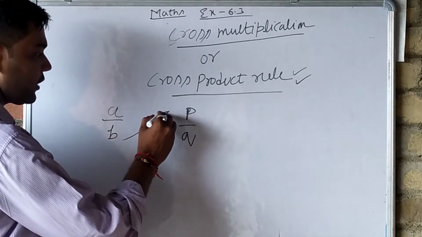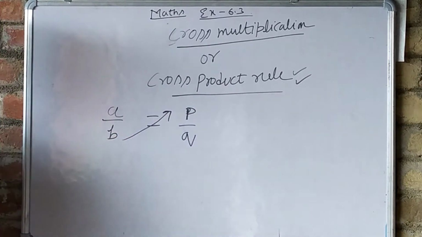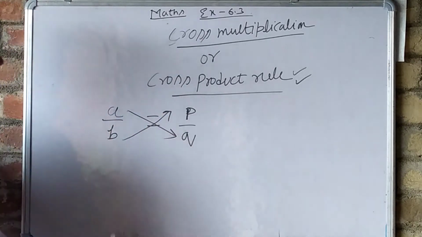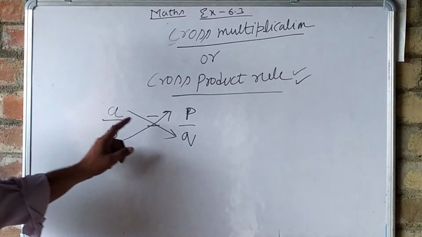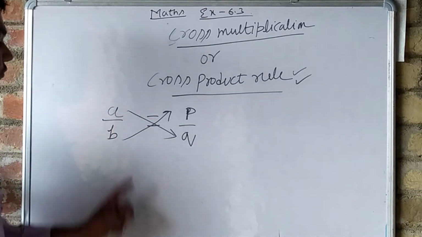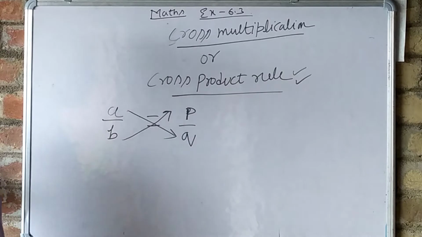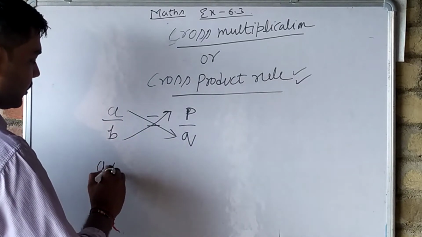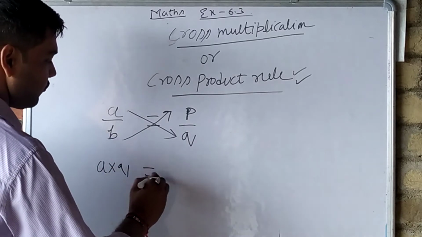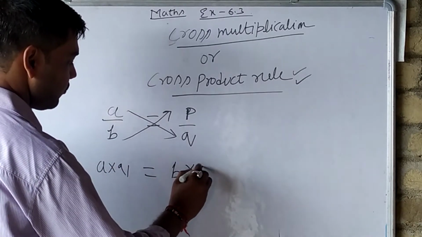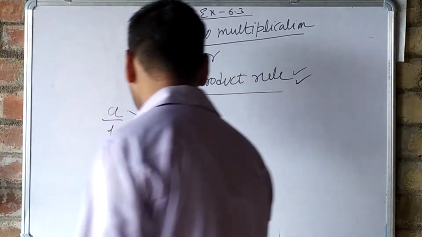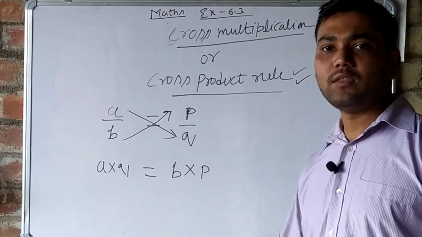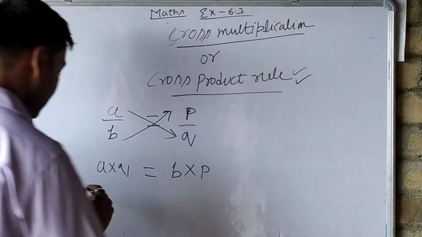We will make a cross like this: this into this and this into this. We will make this arrow. So a into q will be equal to b into p. If a into q equals b into p, then we will say that the fractions are equivalent.